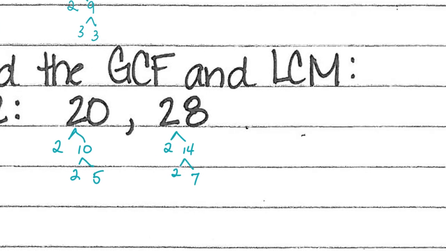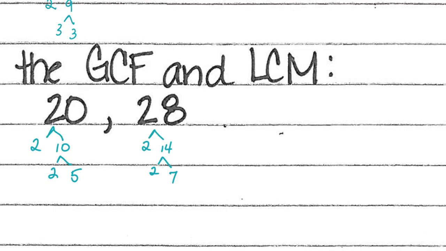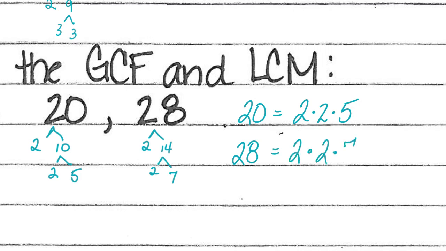Sometimes we write these out. 20 is 2 squared times 5. But you know what I think I'm going to do? Instead of squared, I'm going to write 2 times 2. There's a reason. 28, I know, is 2 times 2 times 7.